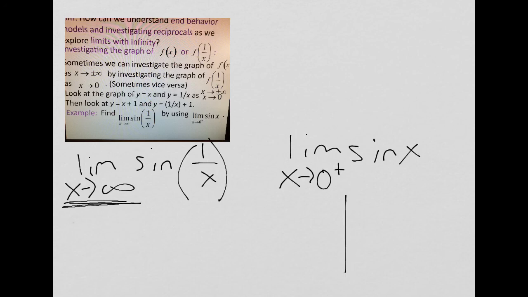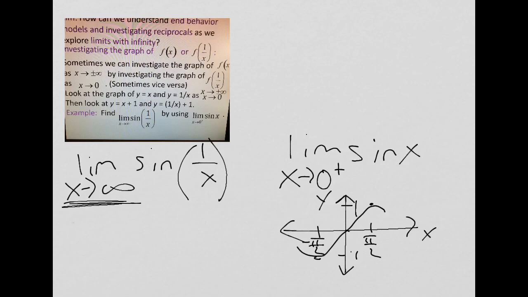So if we look at this common function of ours, and we plot some points, this is basically sine of x from negative pi over 2 to pi over 2.